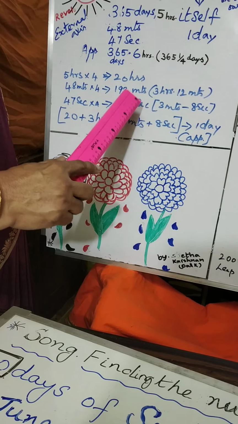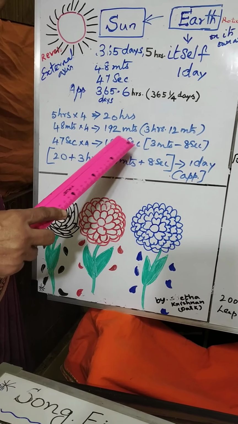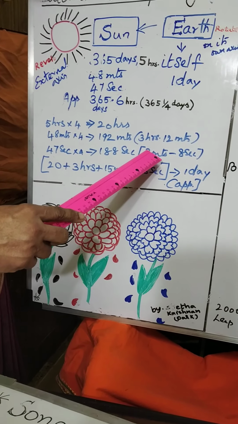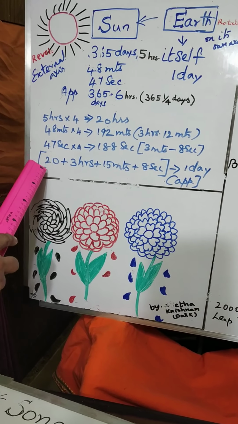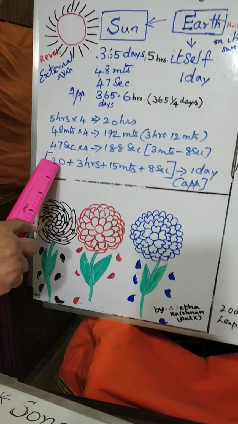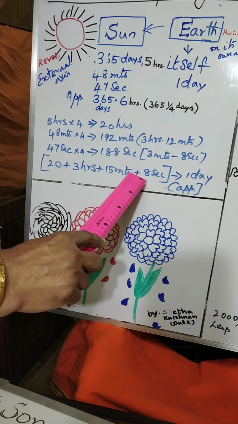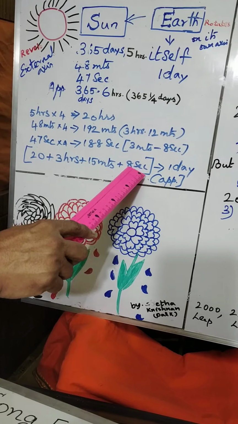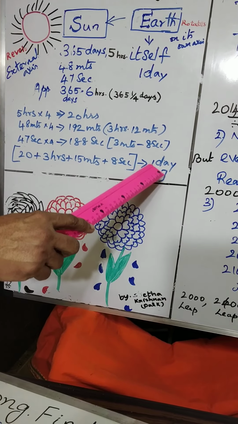We convert everything in terms of hours and minutes. 192 minutes means 3 hours 12 minutes and 188 seconds means 3 minutes 8 seconds. And once in 4 years, 20 hours plus 3 hours, 23 hours, 15 minutes, 8 seconds. That is, we take it as 1 day approximately.